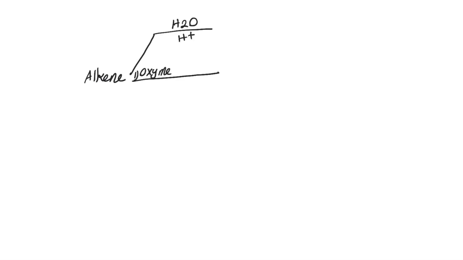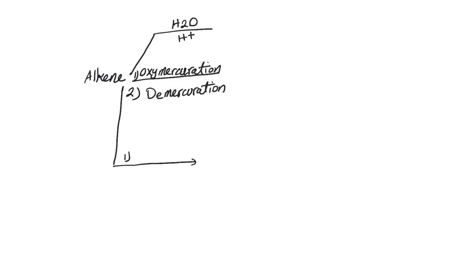And this is a two-step reaction. Step one is oxymercuration. And step two is demercuration. And sometimes the demercuration step is called oxidation. And the third one is, again, a two-step reaction, hydroboration, oxidation.